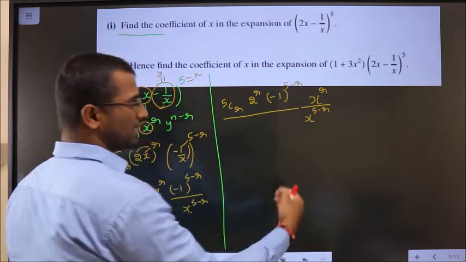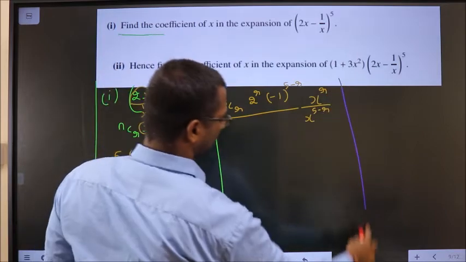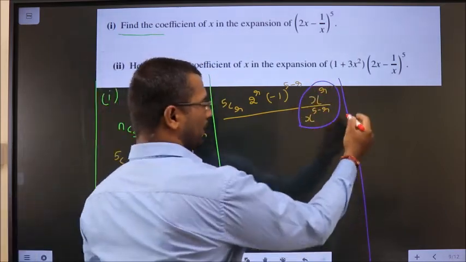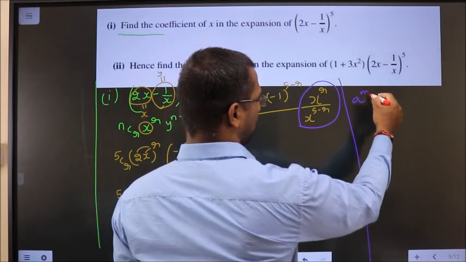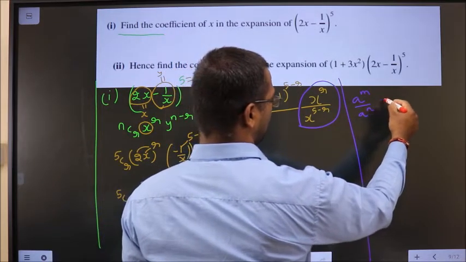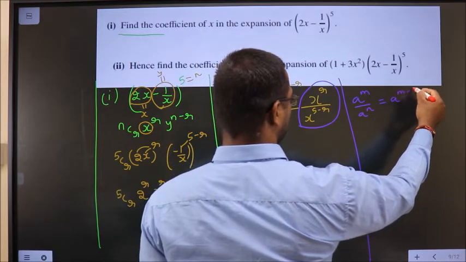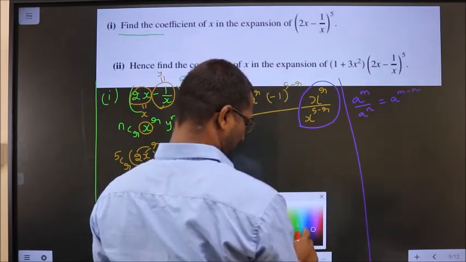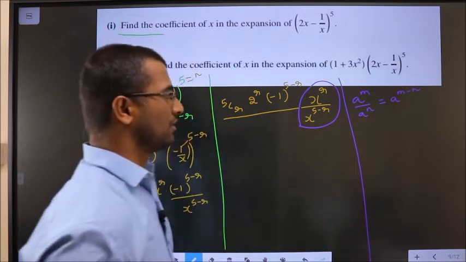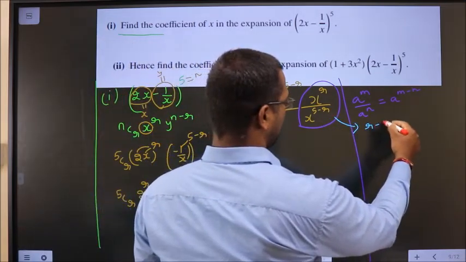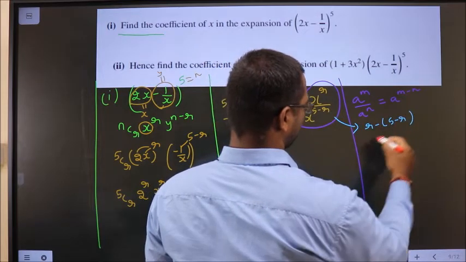Next, how do I simplify further is by making use of a formula: a^m by a^n. Bases are the same, in division you subtract the powers. So if I subtract the x powers, what do I get here? r − (5 − r).